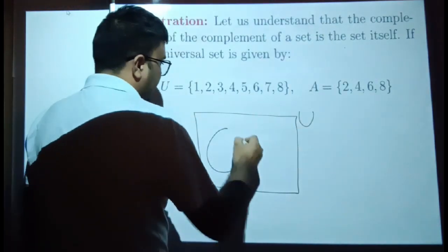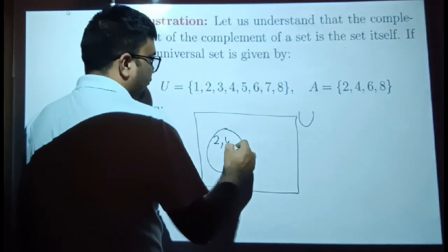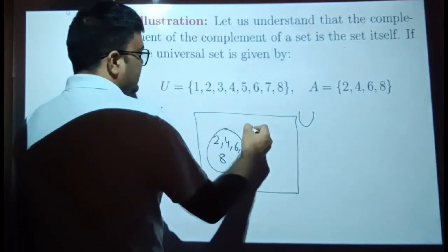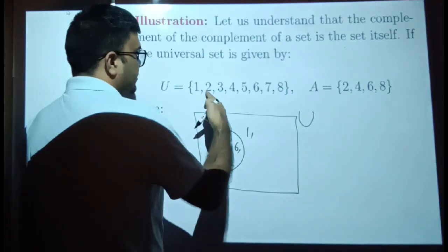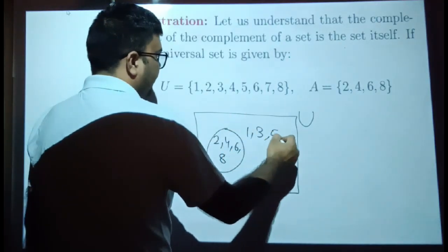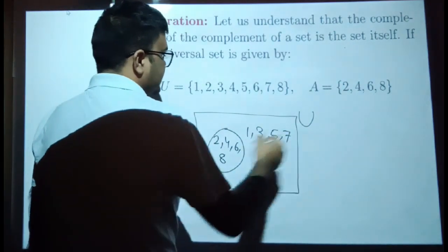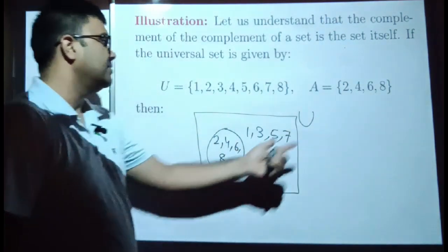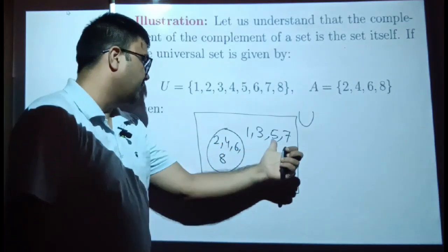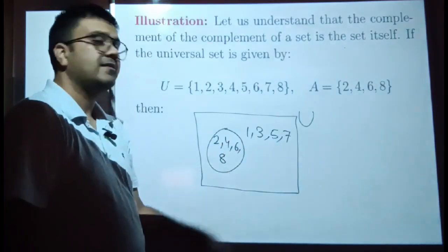We have the set A with elements 2, 4, 6 and 8. U has elements 1, 2 is already included, 3, 4 is already included, 5, 6 is already included, 7 and 8 is already included.